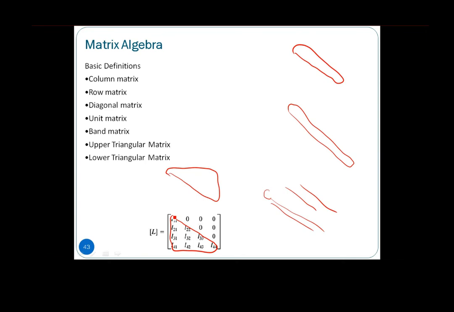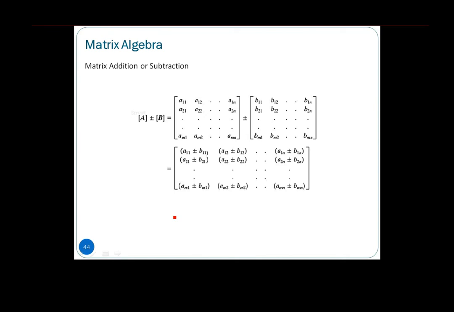So you have L11, L21, L31, L41, then L22, L32, L42, until Ln2. So those are several matrix definitions that we will probably refer back to later on.